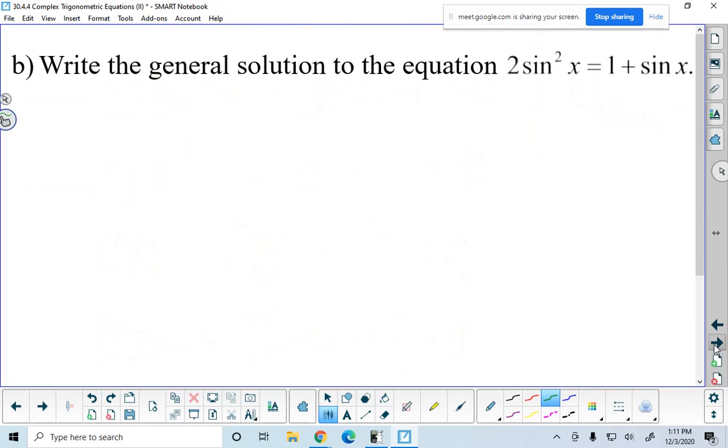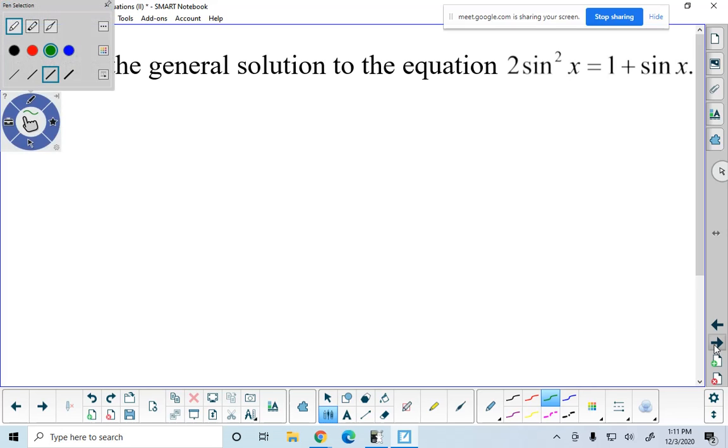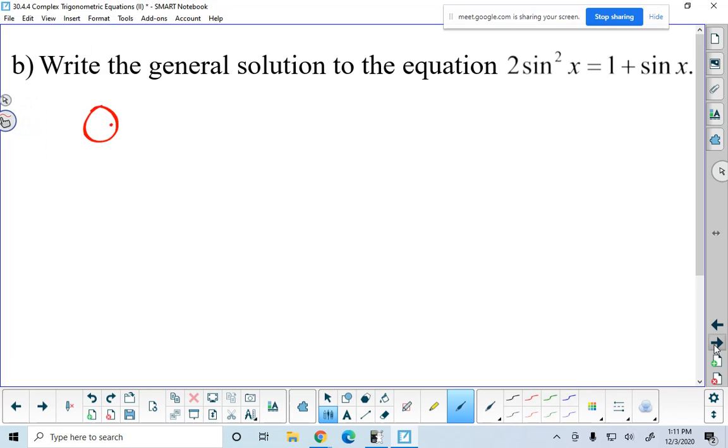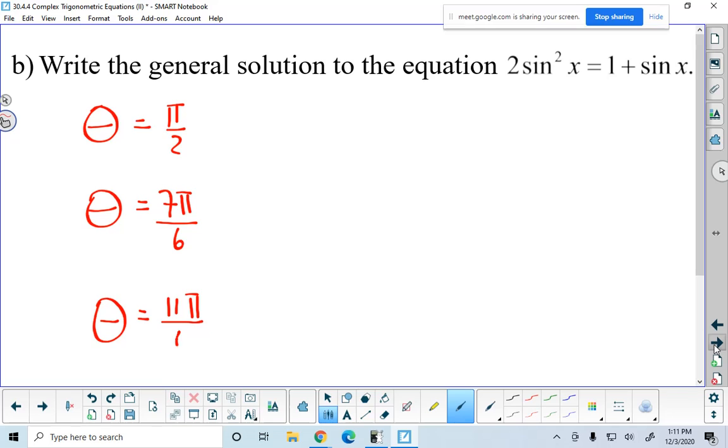So 1b says, what's the general solution? So we had three solutions. We had theta equals pi over 2, theta equals 7 pi over 6, and theta equals 11 pi over 6.